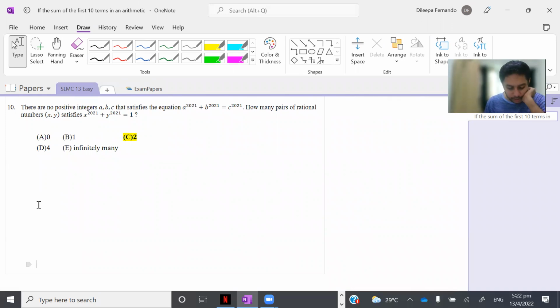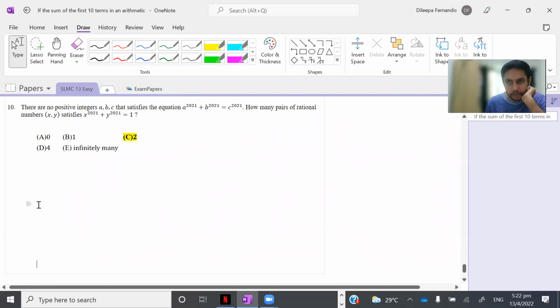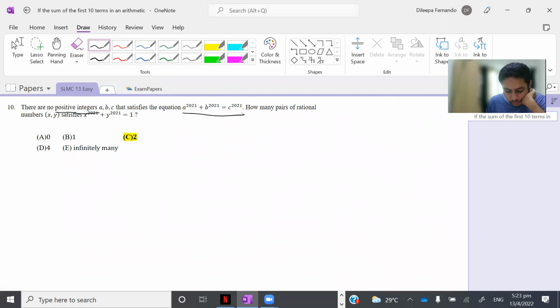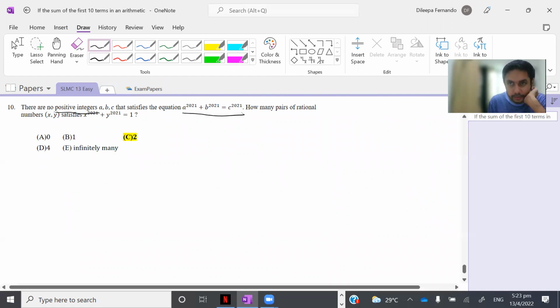When you see this question, you have to use the information that there are no positive integers. So positive integer is also important information here. The information is about positive integers, but the question is about rational numbers.